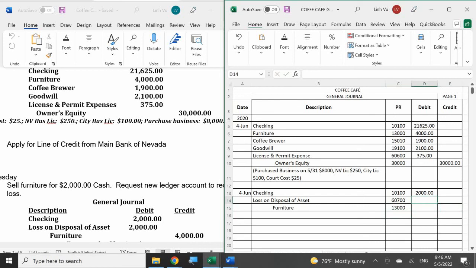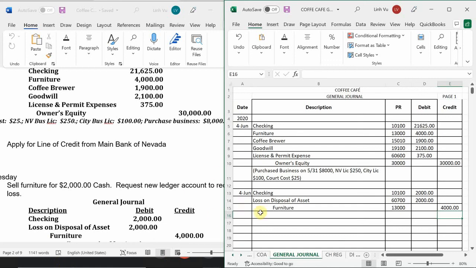And in this case, my furniture cost me a grand total of $4,000. So in this case, what I can put here is loss on sale of furniture.